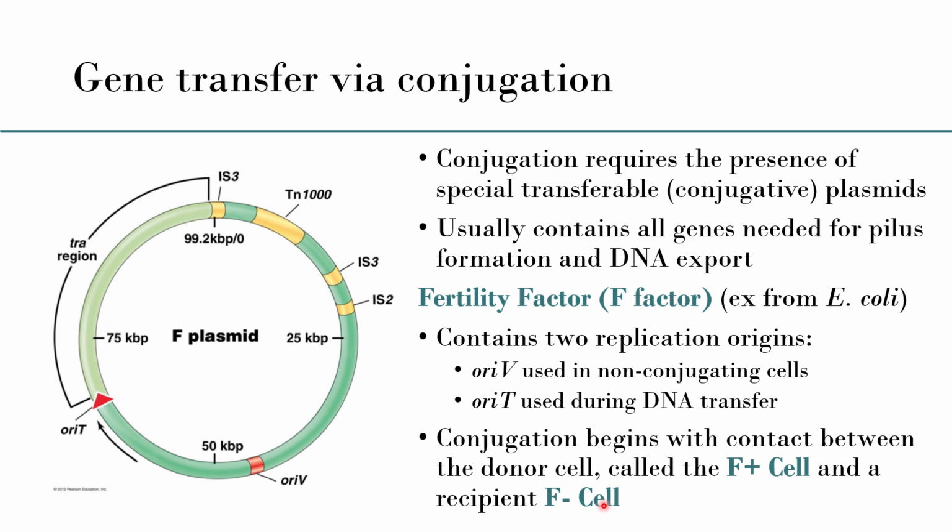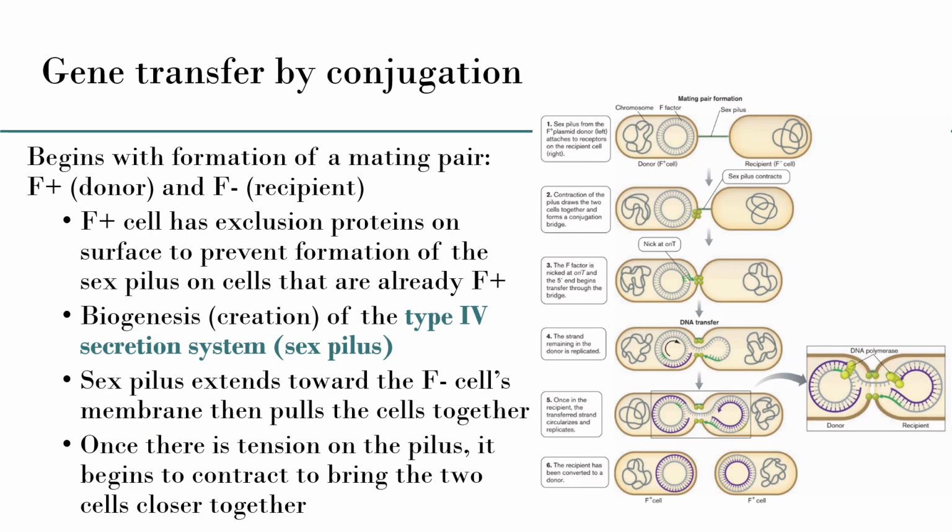Minus meaning it does not have this plasmid. We do not want a cell to waste all this energy and all this time transferring a plasmid that the other cell already has a copy of. So because of this, we can only transfer the F plasmid to cells that do not have it already. So let's continue to explore conjugation.